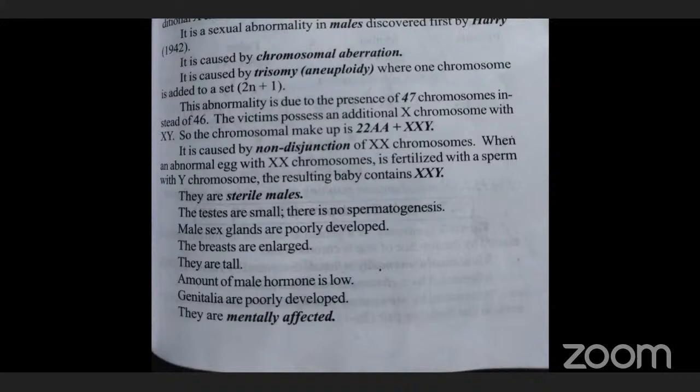For example, in human beings, 46 plus 1, so the chromosome number becomes 47. The chromosomal makeup in normal is 22AA plus XX. In Klinefelter syndrome, it is 22AA plus XXY.